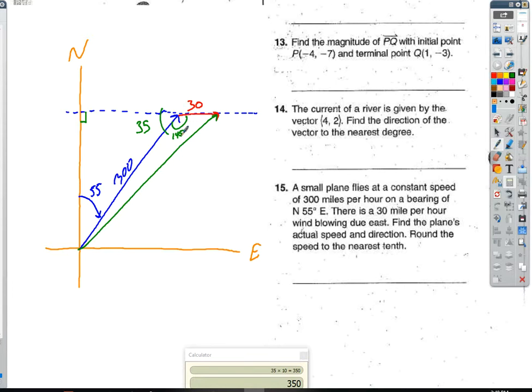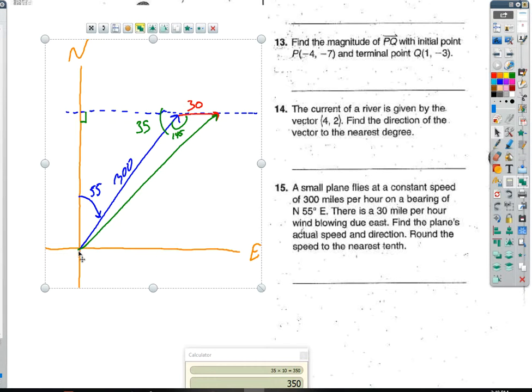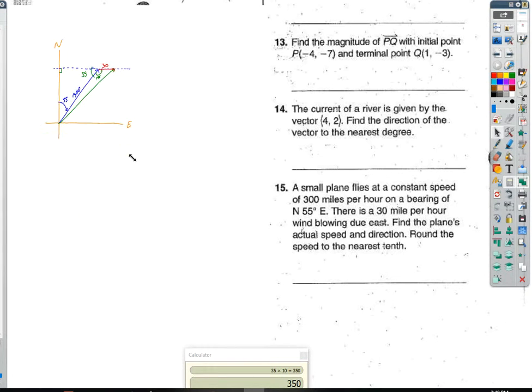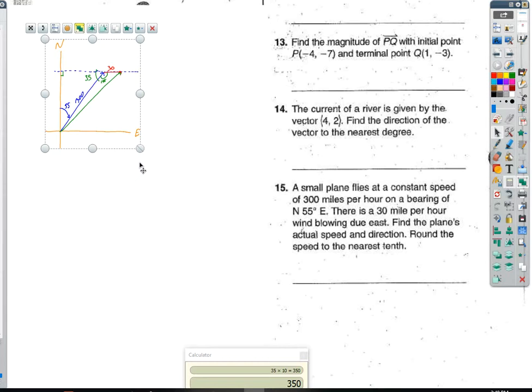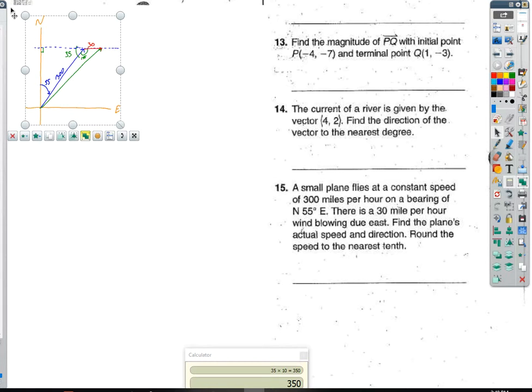This, my friends, is a time for the law of cosines. So I'm going to shrink this a bit, and let's remind ourselves what the law of cosines is. Ellie, are you ready for the law of cosines? This is great stuff. You can memorize it.